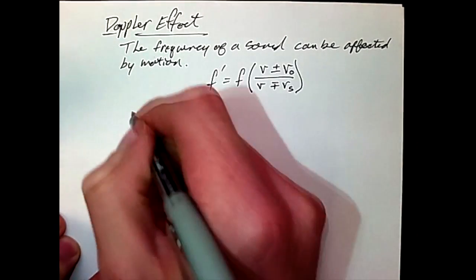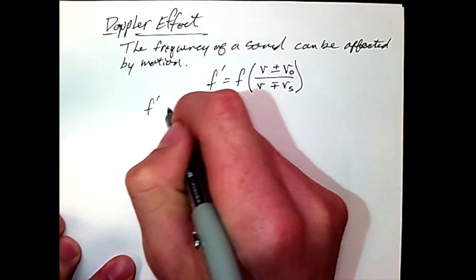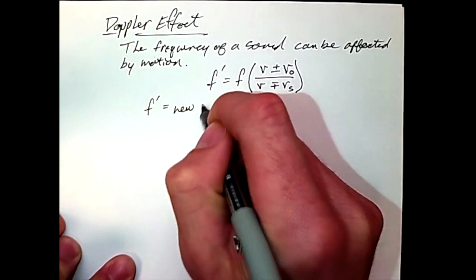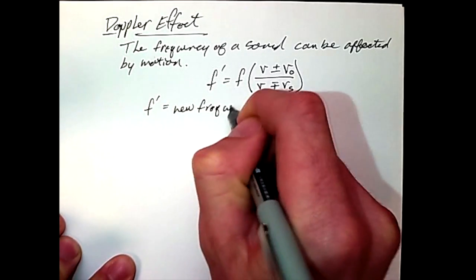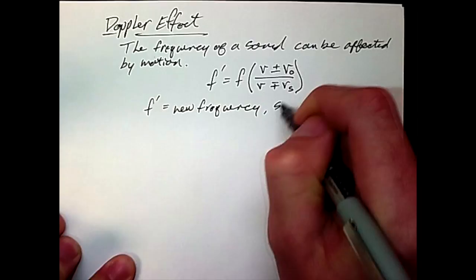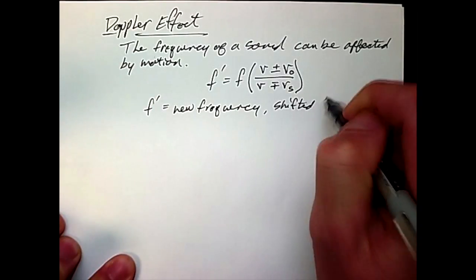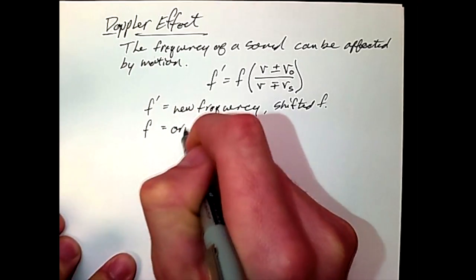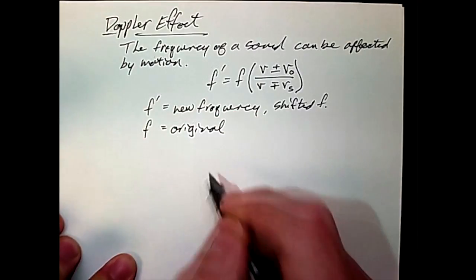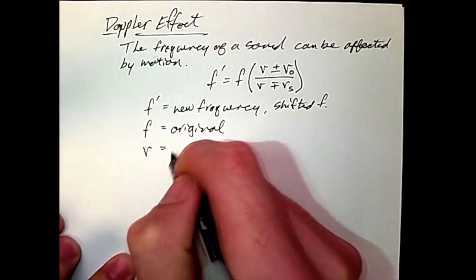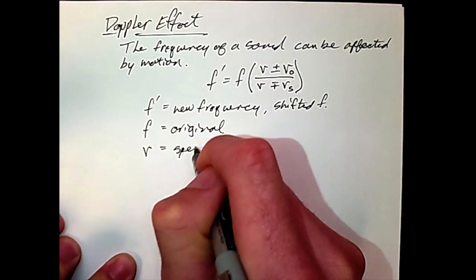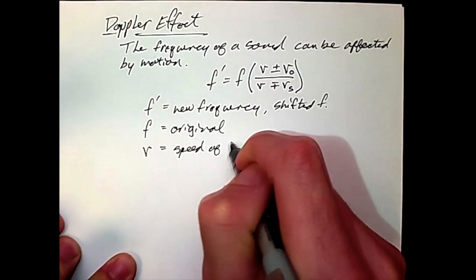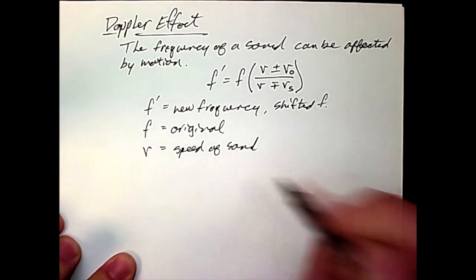So just to define these terms, F prime is the new frequency, or the shifted frequency. And then obviously F would be the original frequency. V is simply the speed of sound through the medium in which you are measuring the effect.